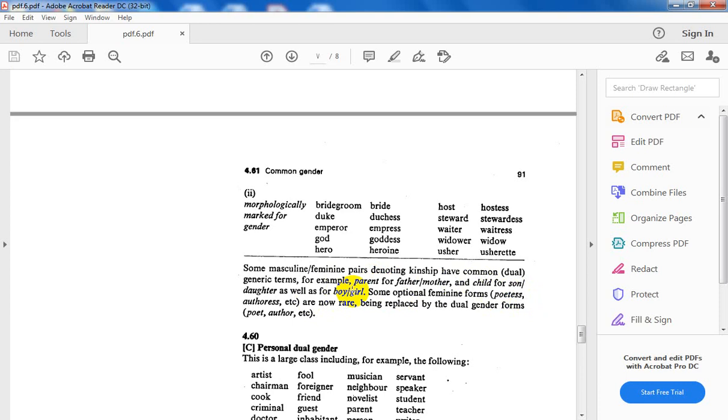Child is for son, the masculine, and daughter, the feminine, as well as boy and girl. Some optional feminine forms, poetess and authoress, are now rarely used and are replaced by the dual gender, using she poet or she author. That is, there is something referring to what we call gender classes.